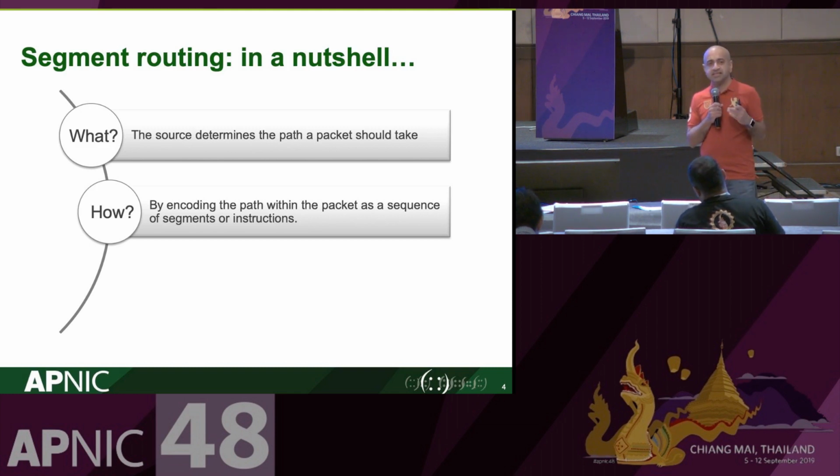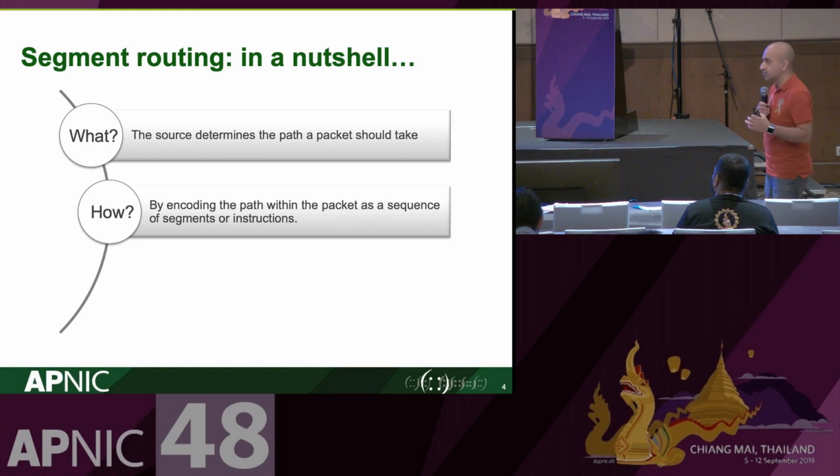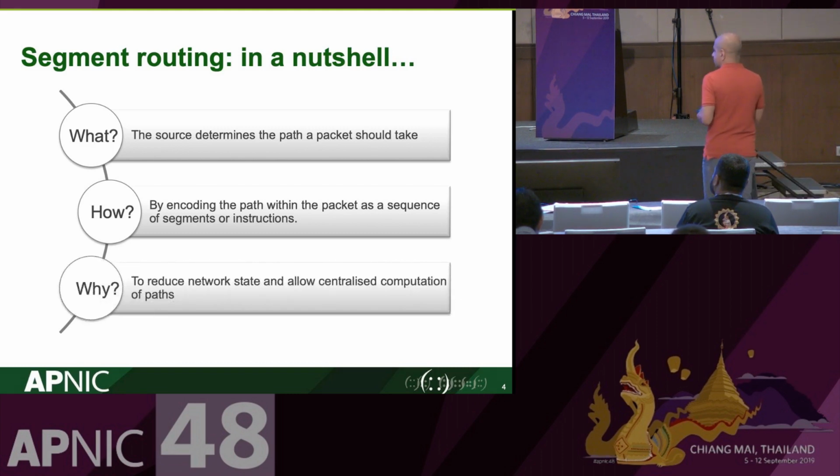The segment encoded in the packet could indicate the next node to send it to, or the next interface to send it over. So it's giving pretty detailed information about how to route the packet. It's assuming that the network does not know that itself. The reason we do it is to reduce the amount of state in the network. Once again, that'll become clear once you look at some examples.